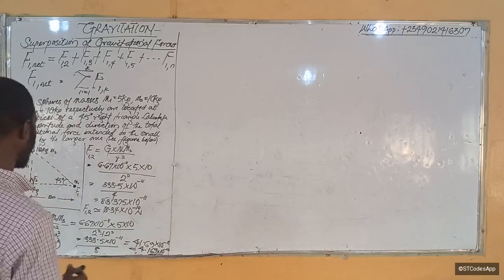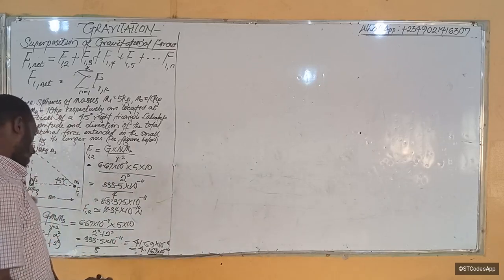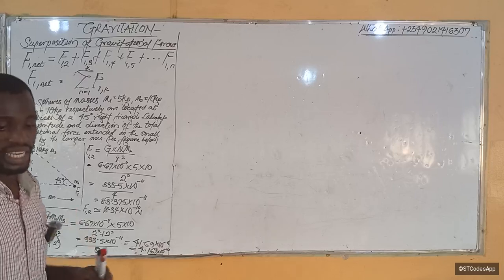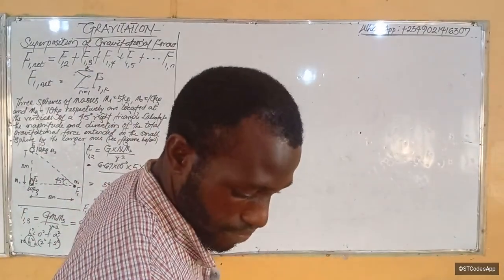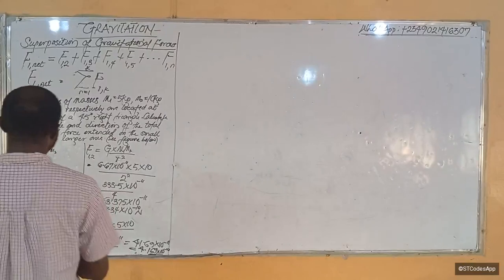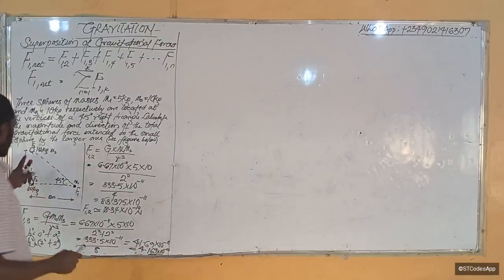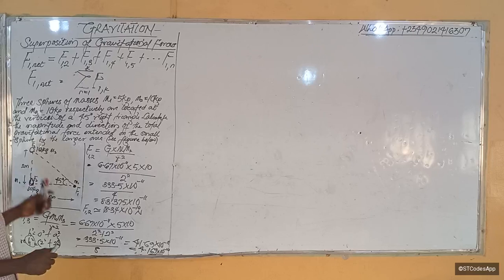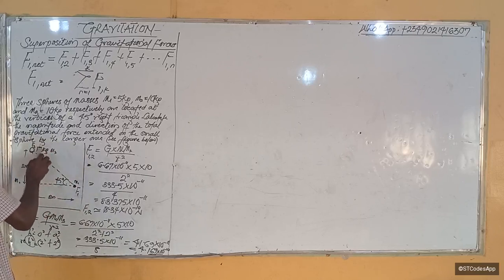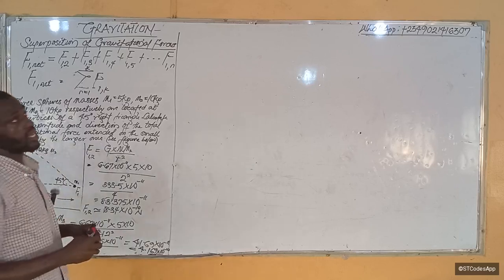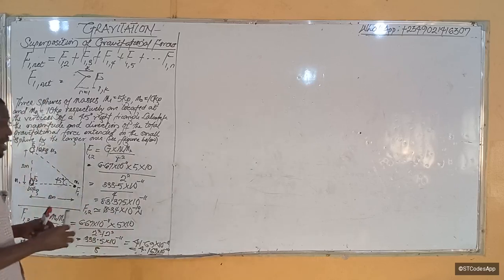Now, how do we find the actual force on that guy? So we have to take the vector sum of forces. This force F3 has two directions. It has both x and y directions. We can resolve it to x component and y component.